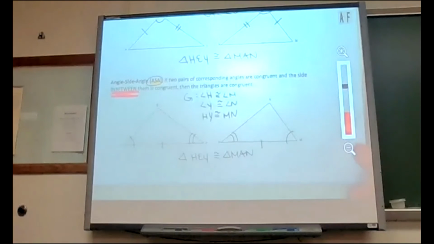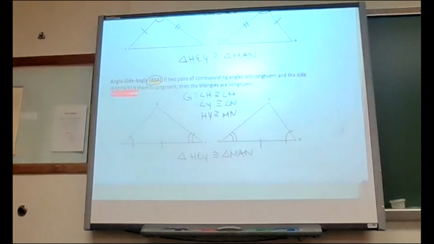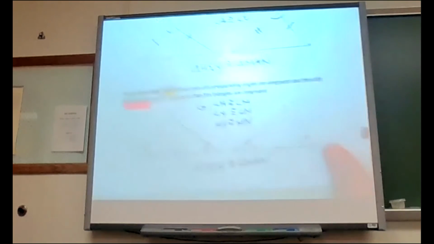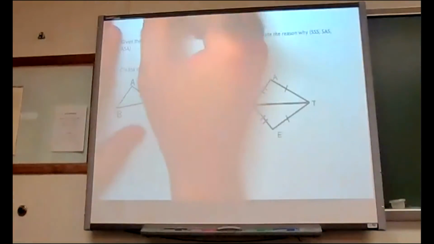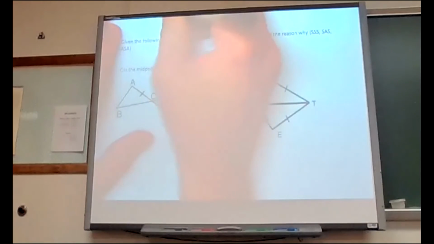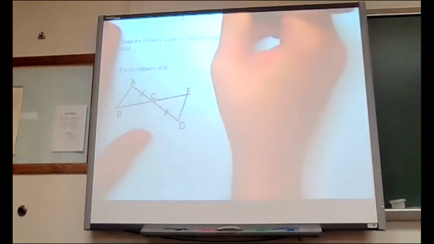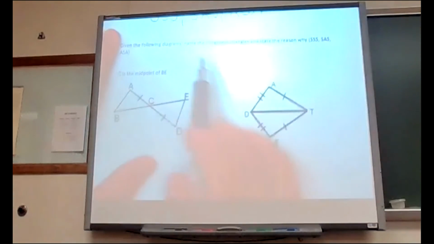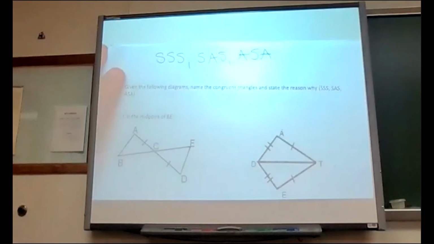So obviously this is moving towards proofs where we want to be able to find these pieces, and if we have these three pieces, whether it's side, side, side, side, angle, side, or angle, side, angle, then we can prove the triangles are congruent. We cannot use side, side, angle. I'm going to write it out because it's kind of a bad word. These are the things we're looking for, those three.